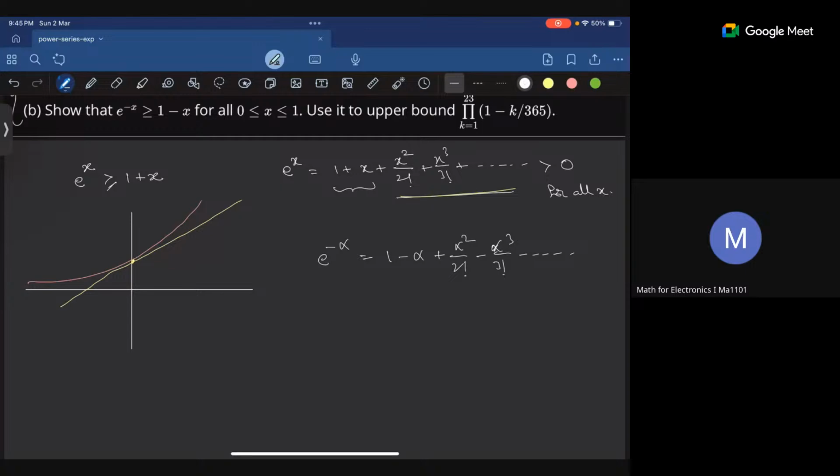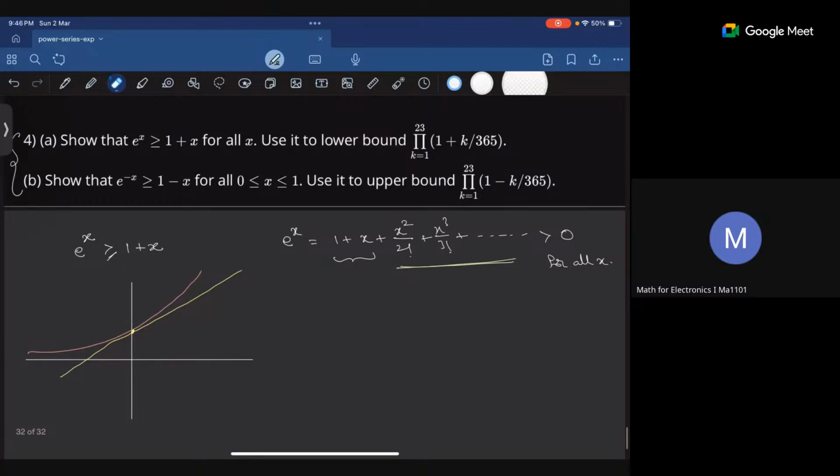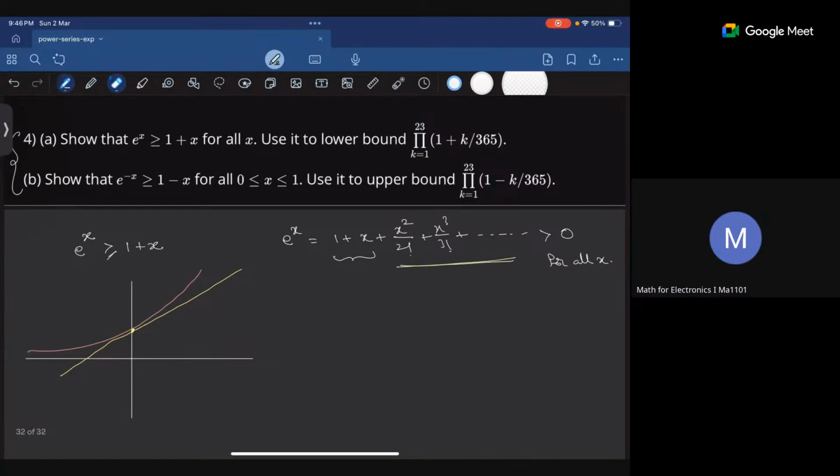Again, you compare term by term, the negative terms will always be lesser than the previous positive term. So in that way also you can prove, or if you just right away plot it, it will be very easy to see that e power x will be greater than or equal to 1 plus x for all x. And now using this, we have to find some lower bound to this expression.